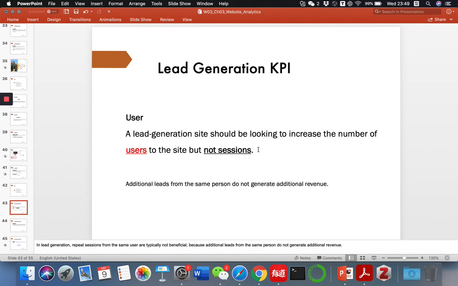It doesn't matter, because, keep in mind, this is a lead generation website, so the primary conversion should be the contact information.